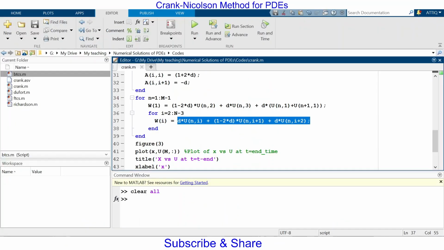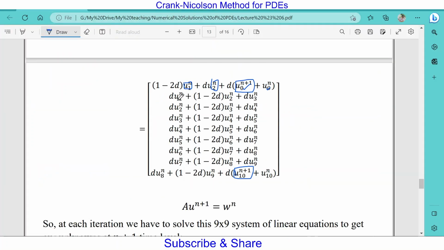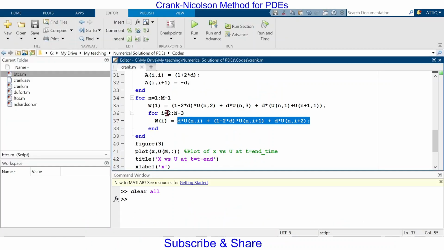And since I is starting from 2, we are using n the same as here, because we have n1 for the first iteration, but we will have 2 here because I is starting from 2.